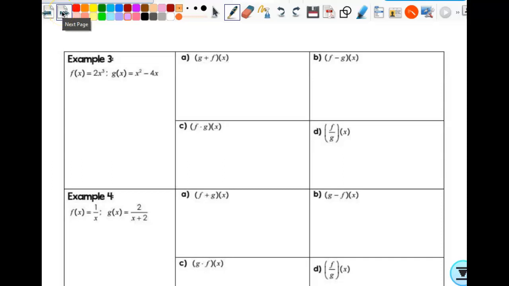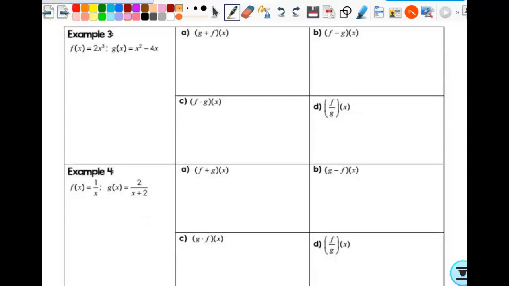So let's look at number 3. Here's what these look like. What would my domain be on this first one? All real numbers. So negative infinity to infinity. And then here, same thing, negative infinity to infinity.